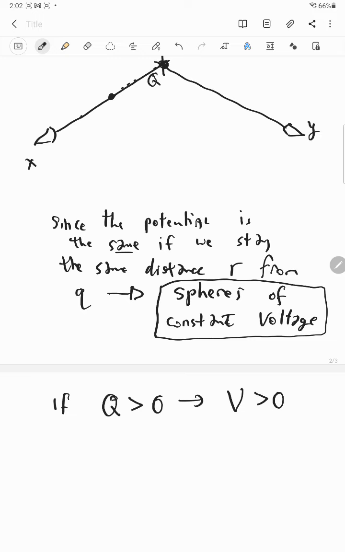So these spheres of constant voltage, you're going to learn that these spheres are referred to as equipotential surfaces, equipotentials. So everywhere at the same distance R, which is a sphere in three-dimensional space. If you stay at the same distance R, you only ever see the same value of potential. That's an equipotential surface.